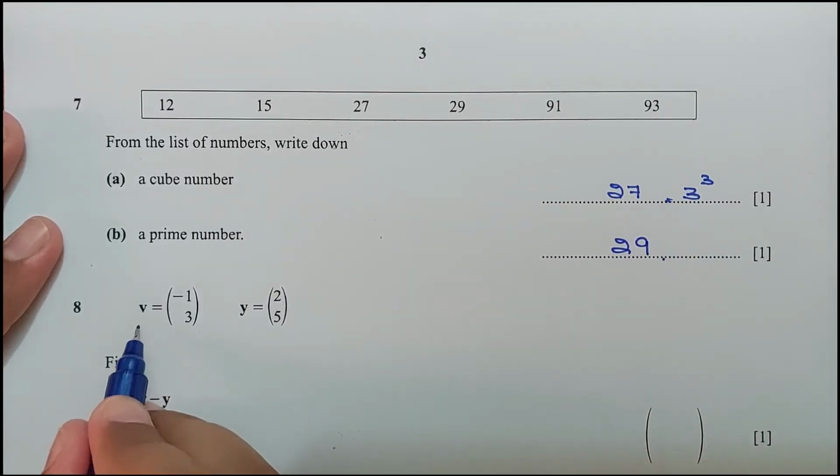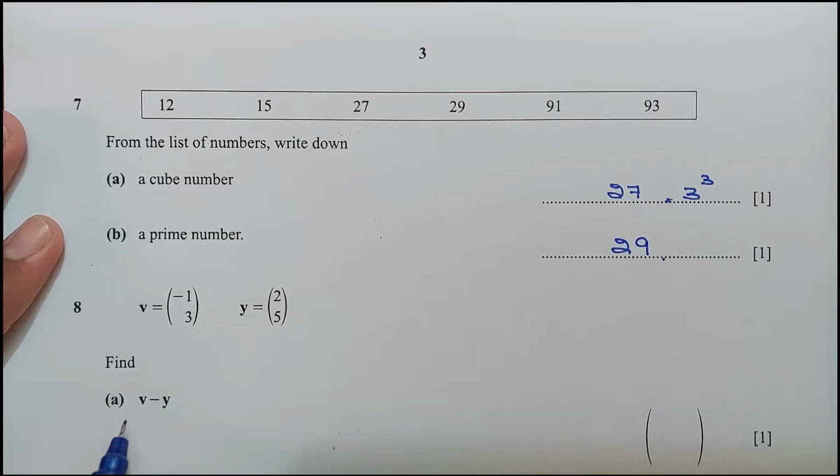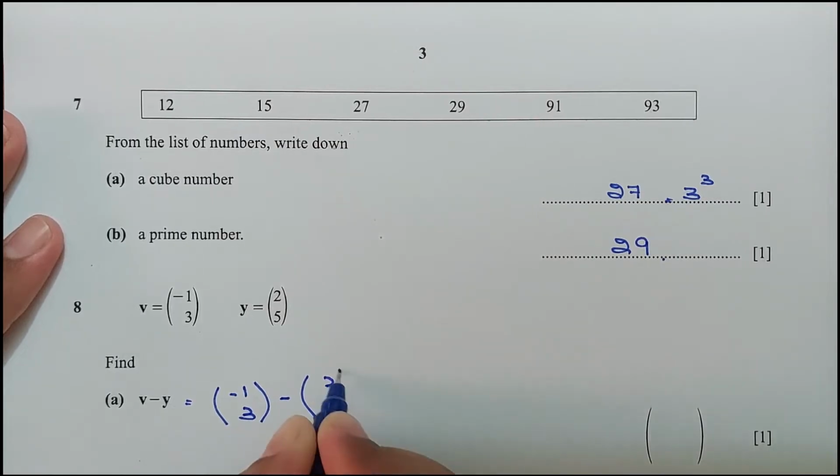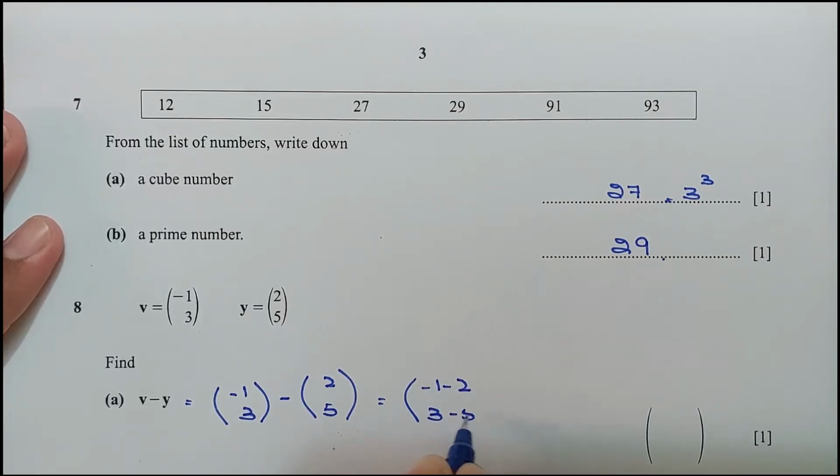Question number 8, we have V and Y. Find V minus Y. V is (-1, 3) and Y is (2, 5). So this becomes -1 minus 2 and 3 minus 5. -1 minus 2 is -3, and 3 take away 5 is -2.